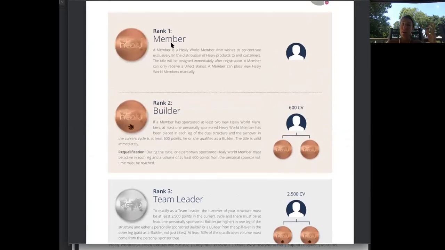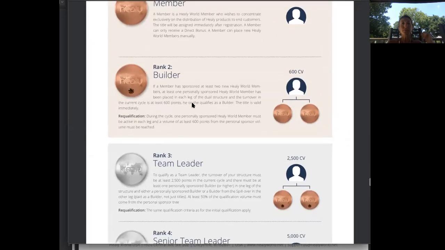The first rank is member, and you're automatically a member when you get your account. The second rank is builder. And you can see here that it says, if a member has sponsored at least 2 Healy World members, one on the left and one on the right, and then they have 600 points from the personal sponsor volume, then they are considered a builder.